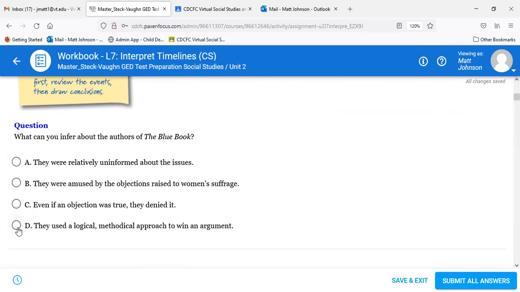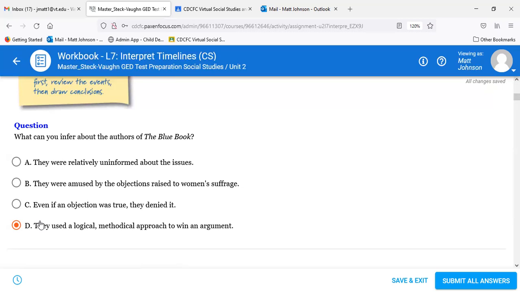D. You're cutting out there a little bit towards the end, but D as in dog. So the Blue Book actually contained facts and they approached it in a logical, methodical way to win the argument, right? By showing us we actually have more women who are staying in school longer.